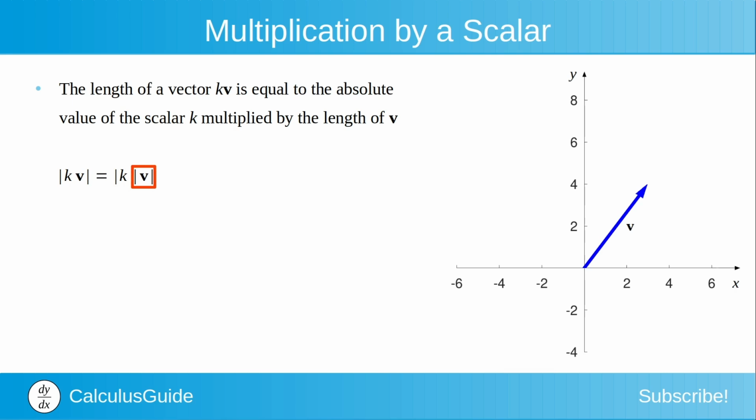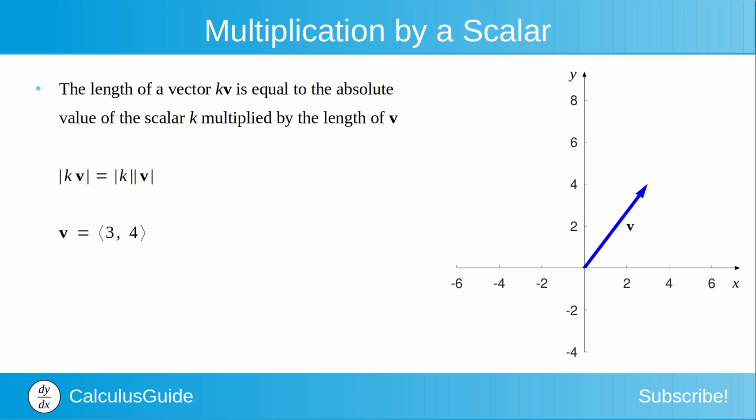And the vector v between a pair of vertical bars represents the length of the vector v. The absolute value of the scalar k is the non-negative value of that scalar. For example, the absolute value of the scalar minus 3 is 3, and the absolute value of the scalar 4 is 4.